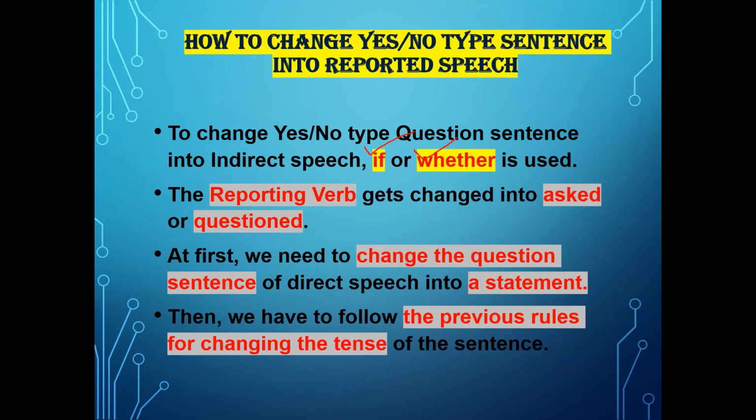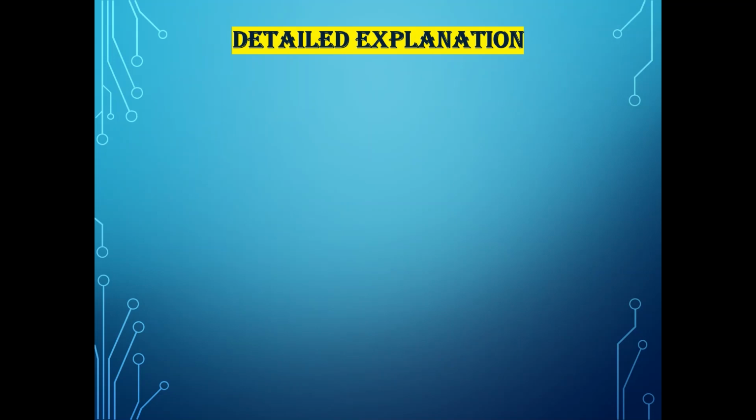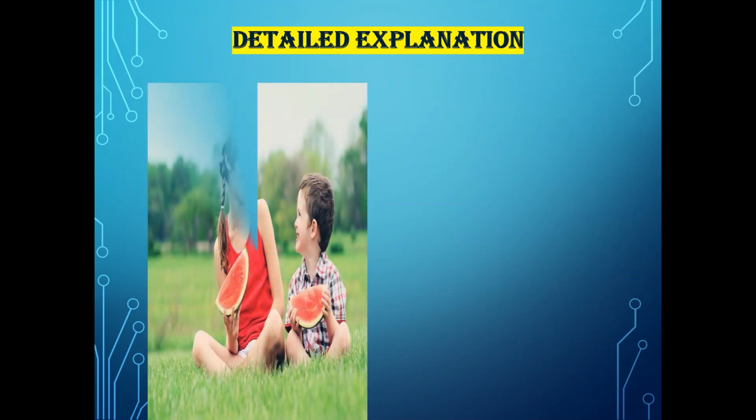Then we have to follow the previous rules for changing the tense of the sentence. So, as you know, these are some basic rules to change yes or no type sentence into reported speech. Now here is a detailed explanation of how to change yes or no type question into indirect speech.